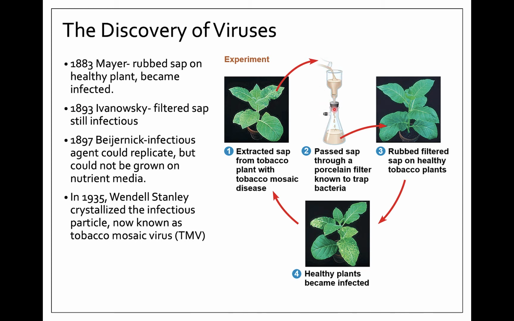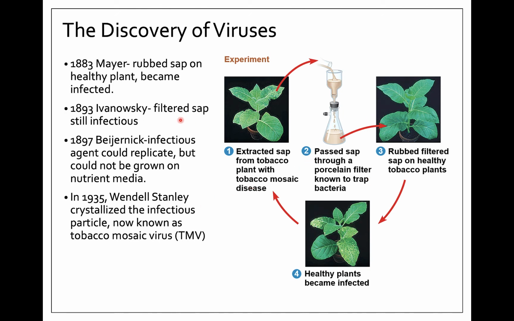They filtered the sap through this filter that should have prevented bacteria from passing through. Ideally, because bacteria are much larger than a virus, if the bacteria got filtered, they would be up here and they would remain up here. And then this would be the filtered sap that should be clean of bacteria. So then when they rubbed that on a healthy plant, that plant became sick.